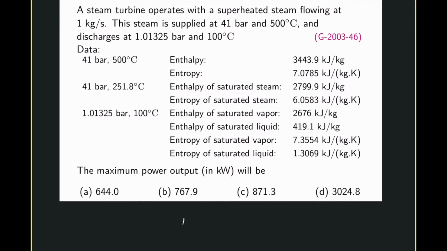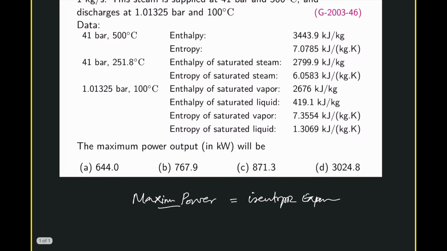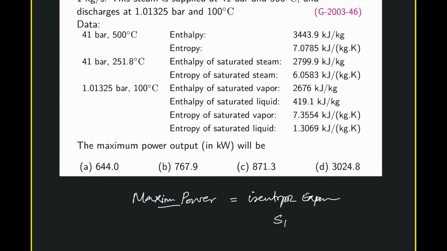Maximum power is obtainable only from isentropic expansion, which means the entropy at the initial condition, condition 1, and the entropy at the exit, condition 2, ought to be the same.